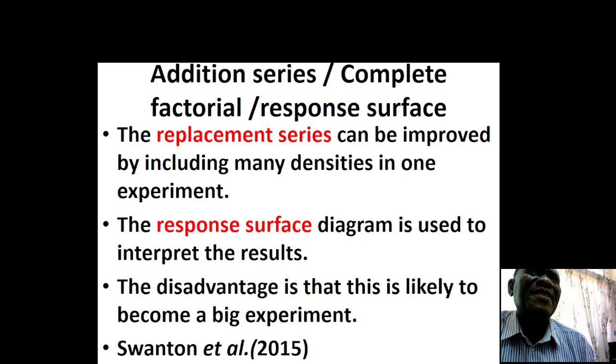So the replacement series can be improved by including many densities in one experiment. The response surface diagram is used to interpret the results. The disadvantage is that this is likely to become a very big experiment. You may consider to read Swanton et al. 2015.